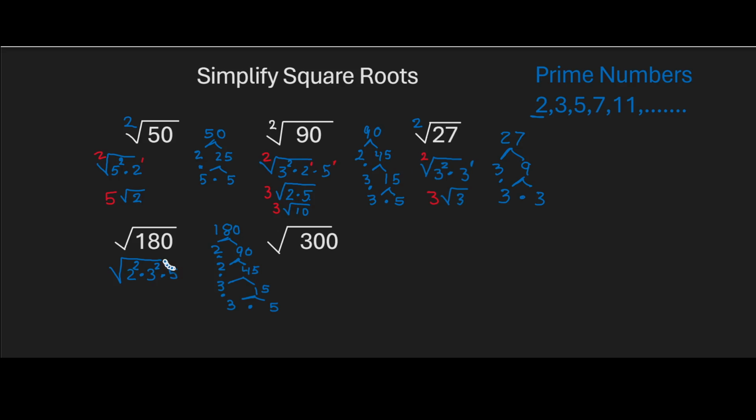Another way you can see it is by counting how many 2's you have. We have 2 of them. That will be 2 to the second power. 3 squared is because you have how many 3's? 2 of them. And number 5, you have only 1 of them.